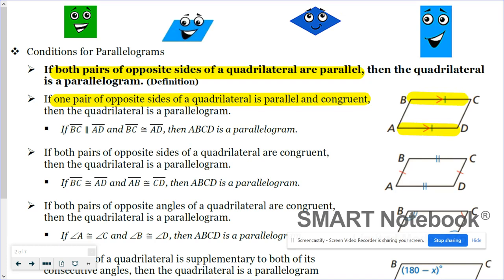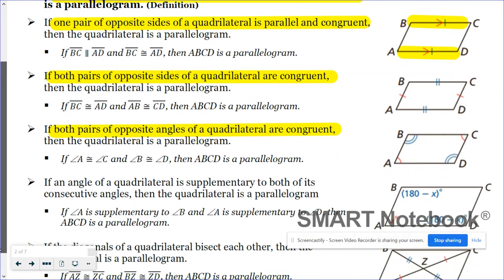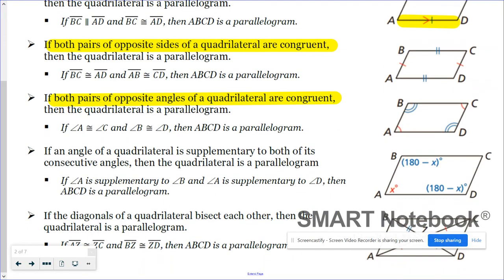You could prove both pairs of opposite sides are congruent, or that both pairs of opposite angles are congruent, okay? Or if an angle is supplementary to both of its consecutive angles, that's what they're showing you here.